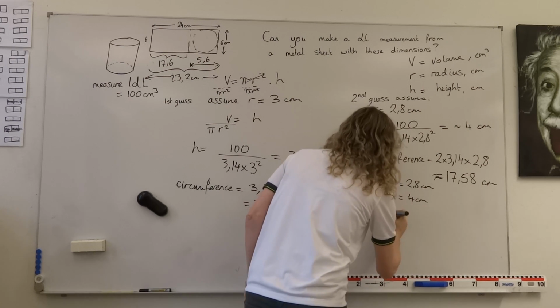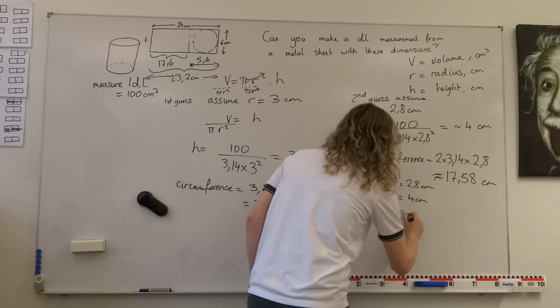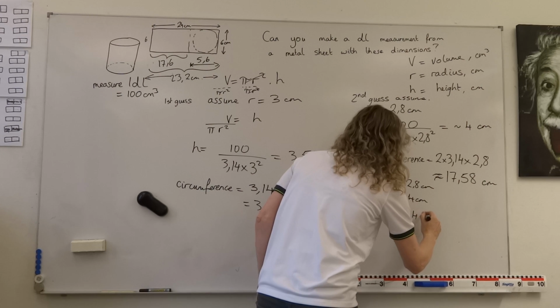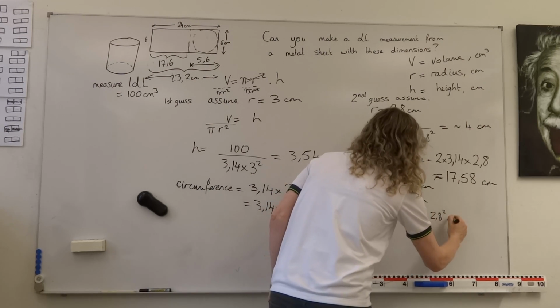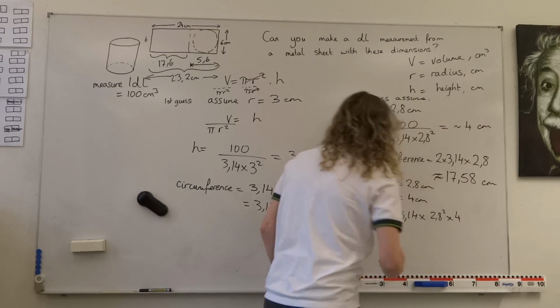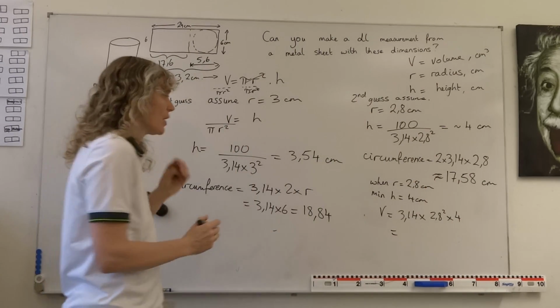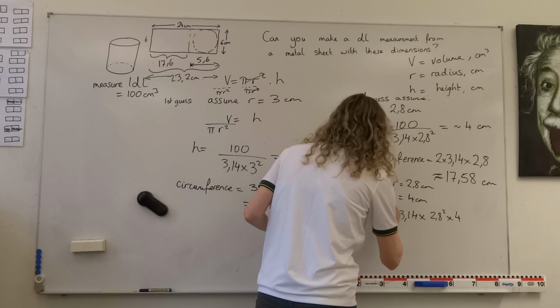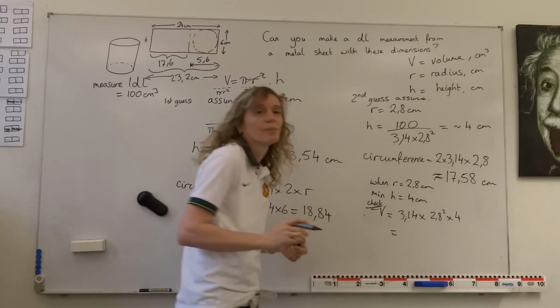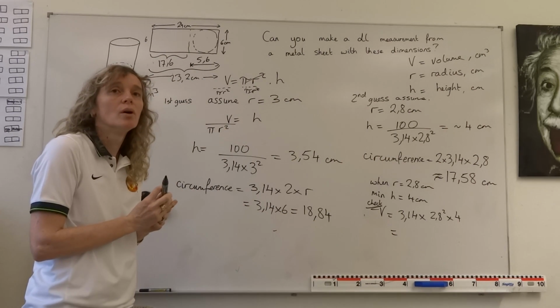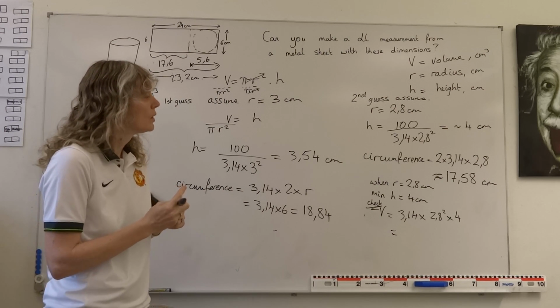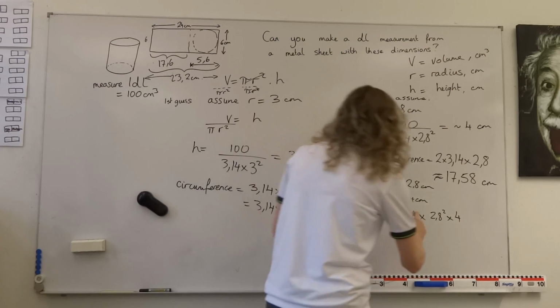The volume then equals 3.14 times 2.8 squared times 4. What volume would we get then? So this is our check. 98.5.